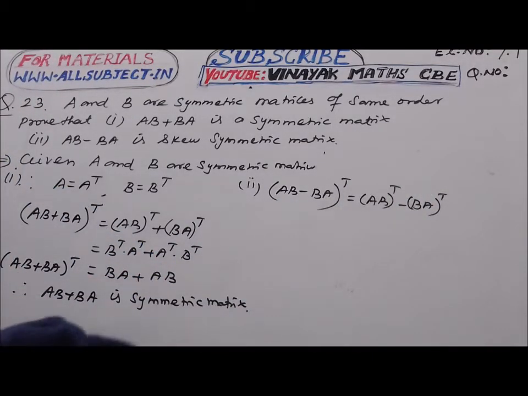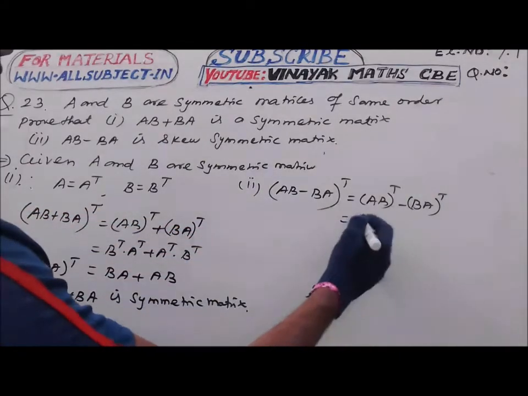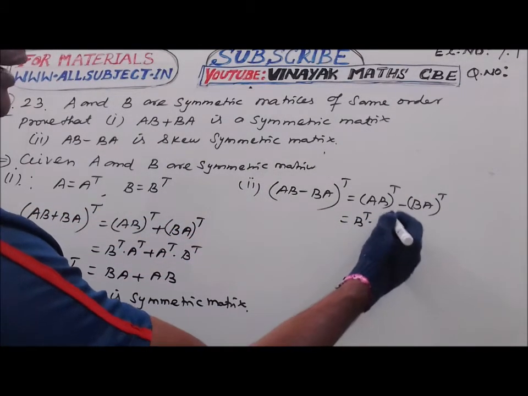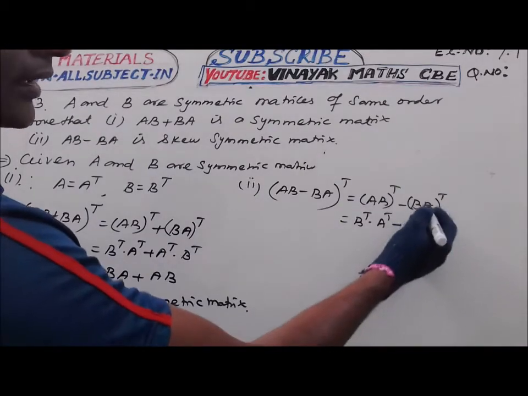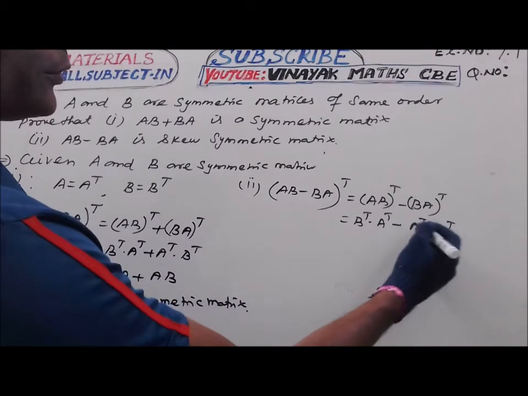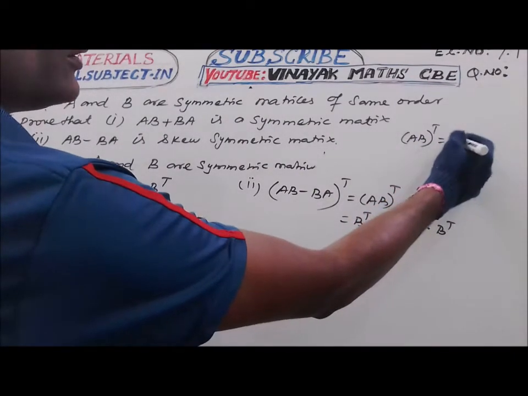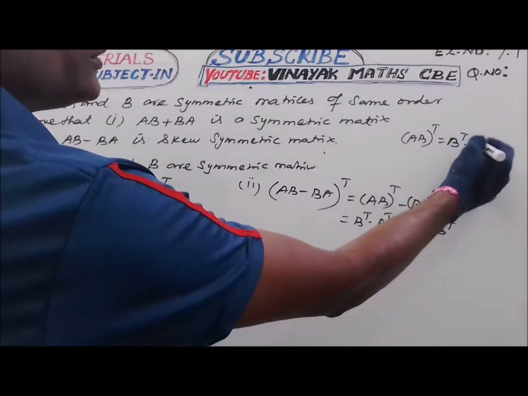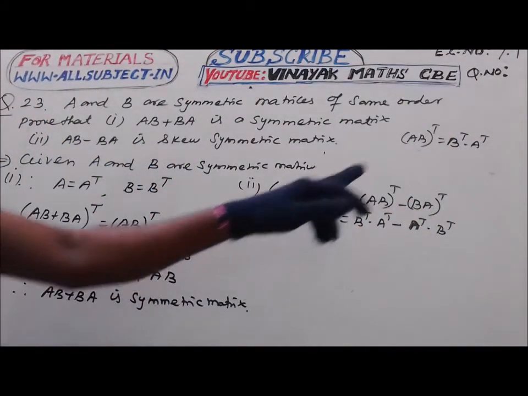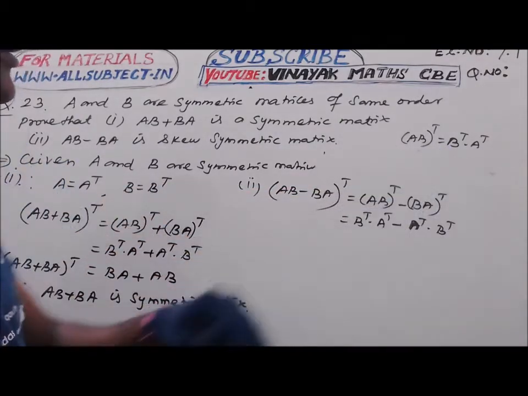Now by use of the transpose property, (AB) whole transpose will be equal to B transpose into A transpose, and then minus, here (BA) whole transpose is A transpose into B transpose. Similar to that, (BA) whole transpose is A transpose into B transpose.